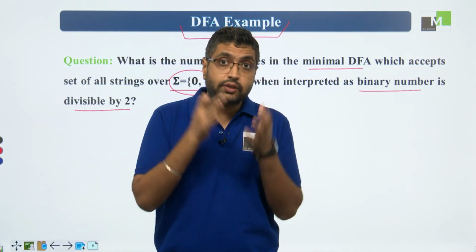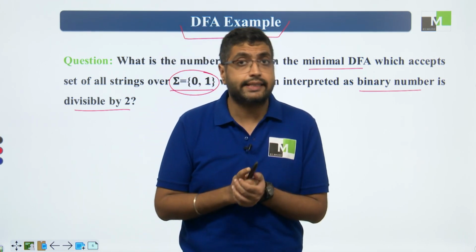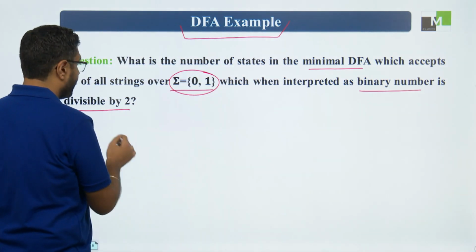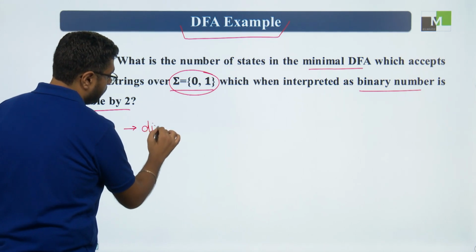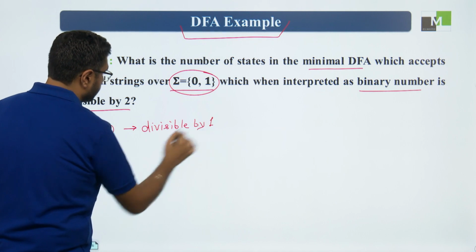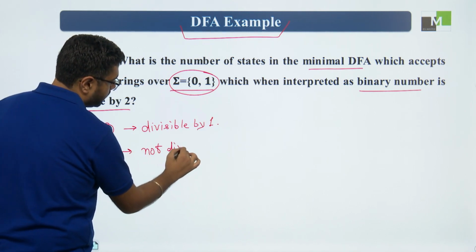So which strings you have to accept, which are divisible by 2. In general, you can easily solve it by saying that if the string ends with a 0, then it is divisible by 2. If the string ends with a 1, then it is not divisible by 2.